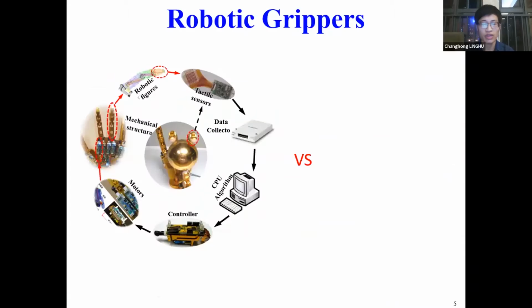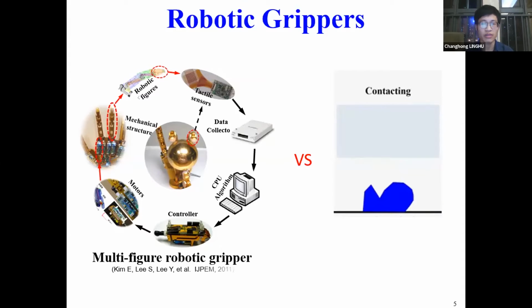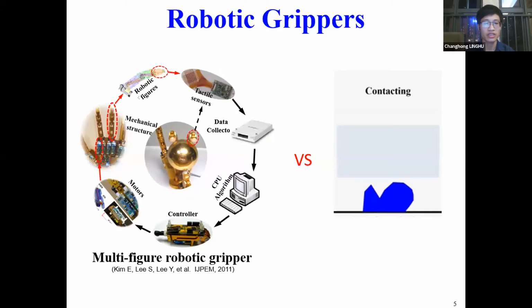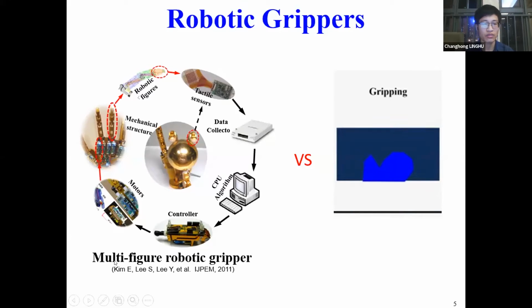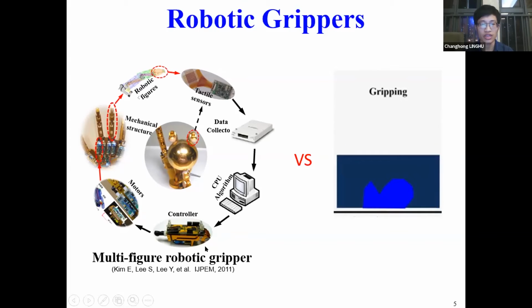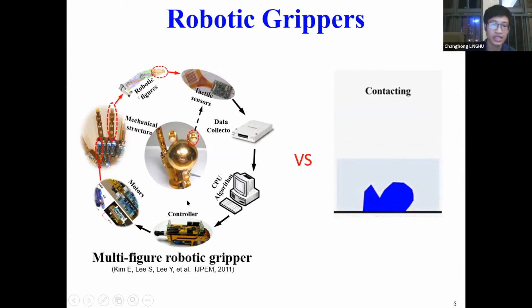When talking about a gripper, we usually think of a mechanical system mimicking human hands. This kind of multi-finger robotic gripper is very dexterous, but very complex at the same time.